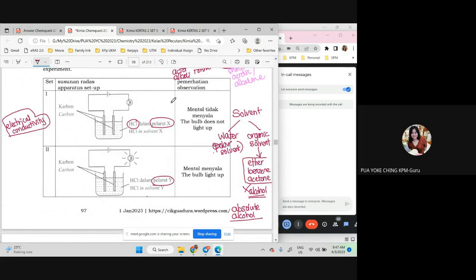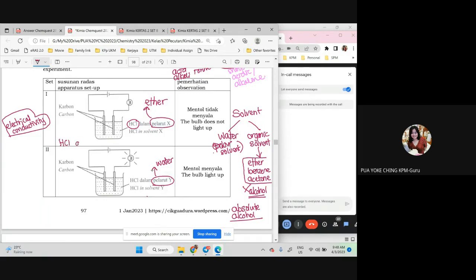If it comes out in essay, then you will write HCl in solvent X does not conduct electricity. HCl in solvent Y conducts electricity. So what is your X? X is your organic solvent. If you are asked to suggest, cannot give name organic solvent, you need to give the specific name, which is ether. So what is Y? Y is your water. Okay. So what happened?